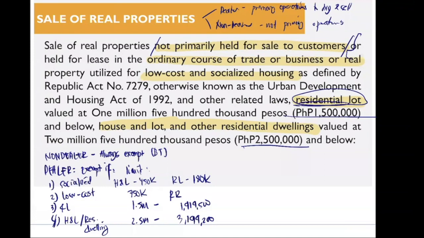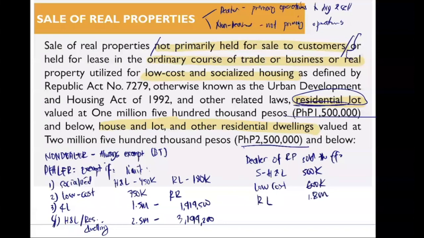Okay, let's have an example. A dealer of real property sold the following. So we have here socialized house and lot at 500,000. We have a low-cost housing at 600,000. Residential lot sold at 1.8 million.